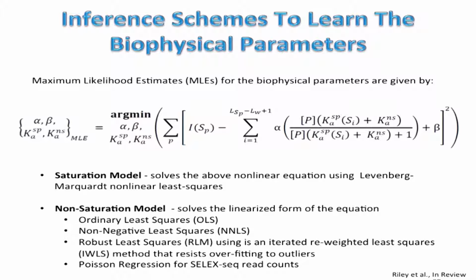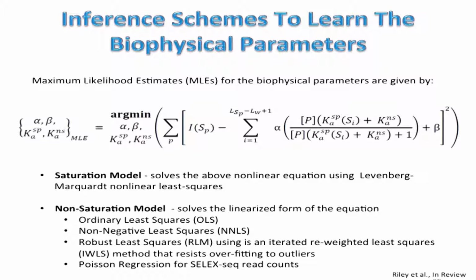So to solve for alpha and beta and the sequence-specific binding association constant and non-specific binding association constant, we want to find the parameters that minimize this function, the least squares, between our measured fluorescence intensities and our formula for the occupancy for every probe.